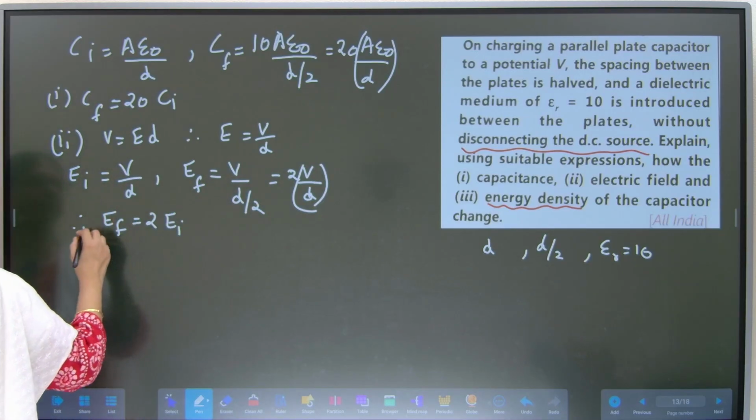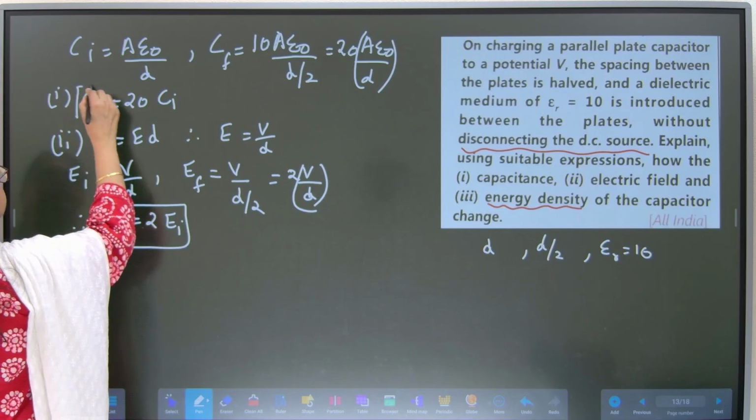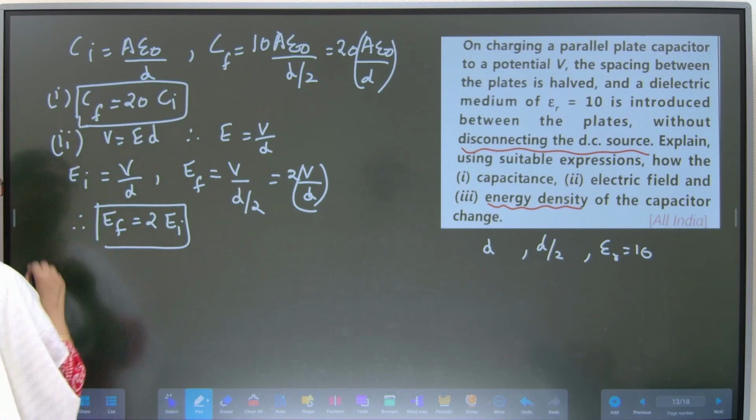So the first and second parts we are ready with.